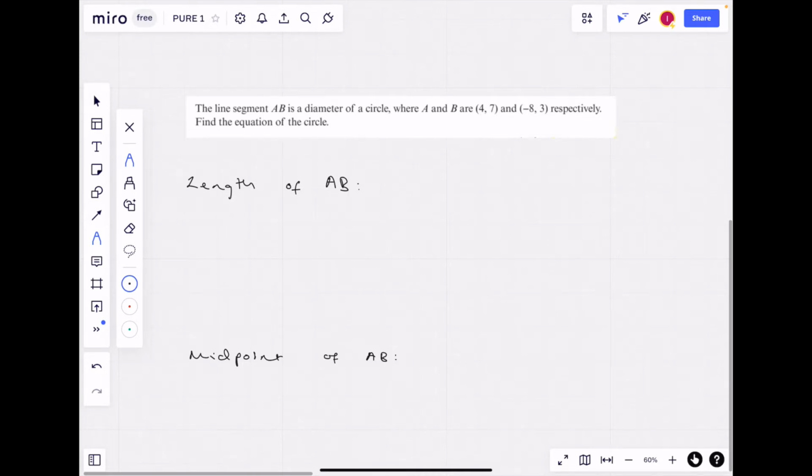To work out the length, you're going to use the equation for the length. If you remember, it was d equals the square root of the change in x squared plus the change in y squared. So here, this will be my x2, y2, and this will be my x1, y1.